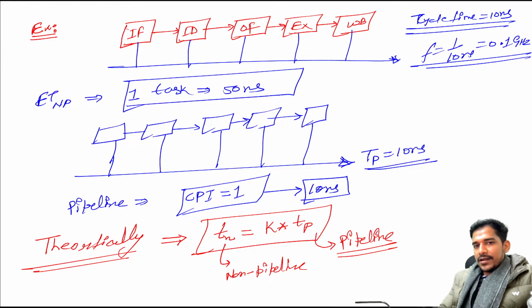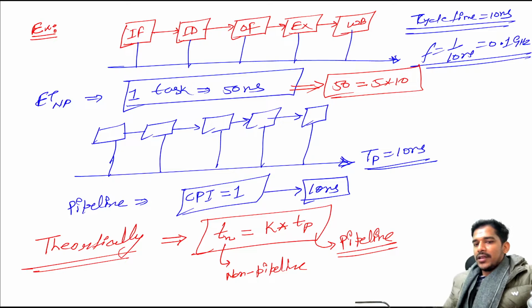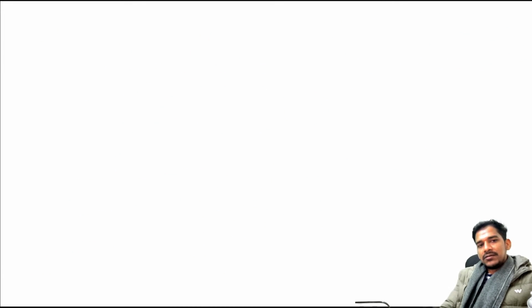You can see here that the non-pipelining system takes 15 nanoseconds, because we have 5 stages. So Tn is 15 nanoseconds and Tp is 10 nanoseconds. That's how we get this particular formula: the task executed in the non-pipelining system takes k × Tp. In this case you will achieve the maximum speedup.